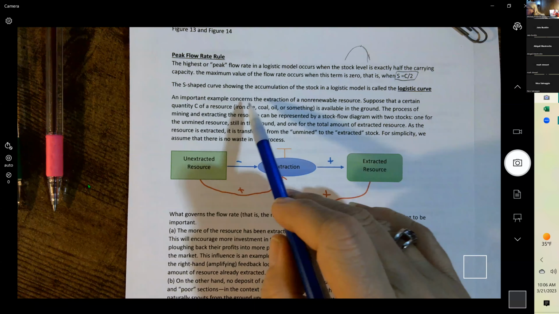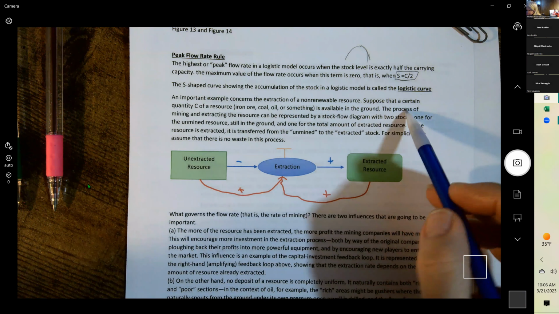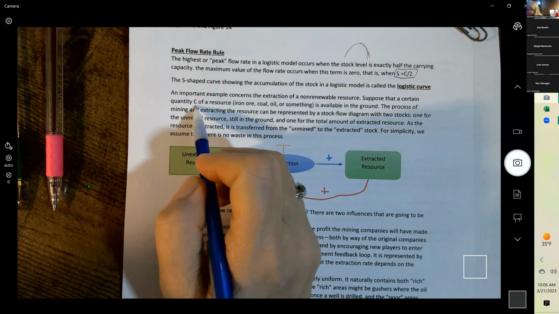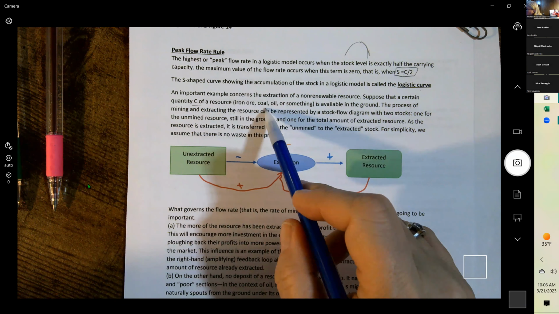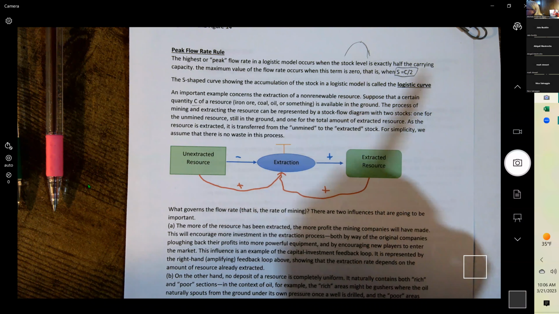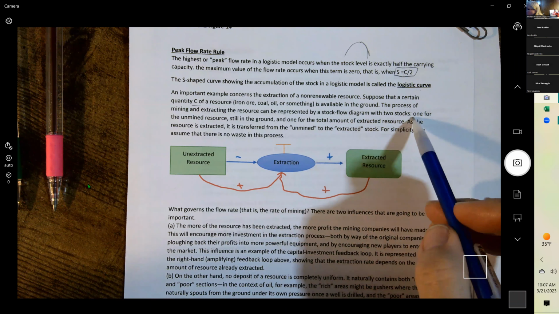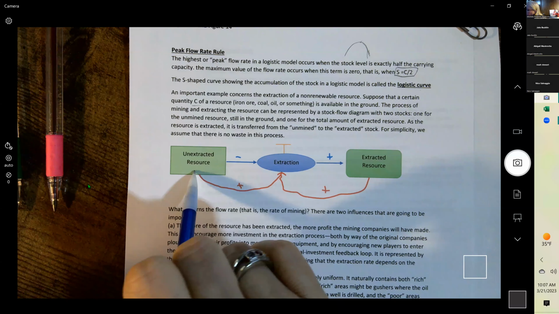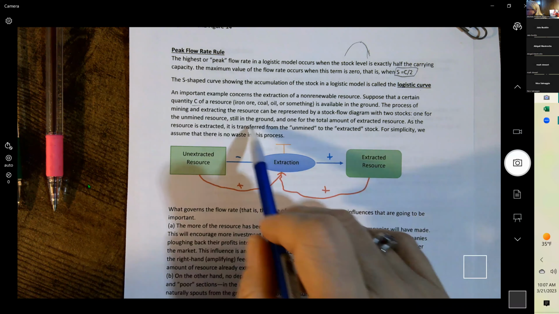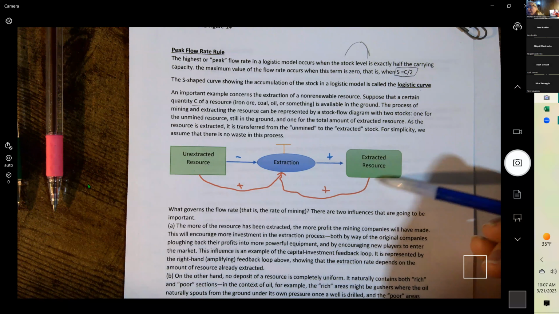An important example concerns the extraction of a non-renewable resource. Suppose that a certain quantity C of a resource, iron ore, coal, oil, or something of that nature, is available in the ground. The process of mining and extracting the resource can be represented by a stock flow diagram with two stocks, one for the unmined and one for the mined. So this one would still be in the ground. This one is what we've extracted or taken out of the ground.